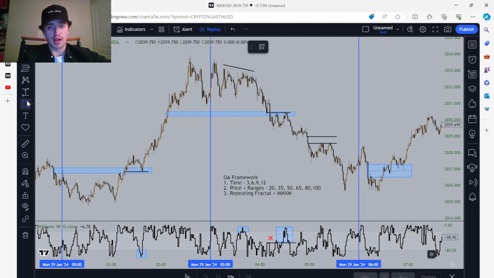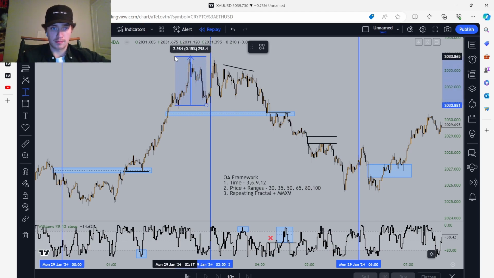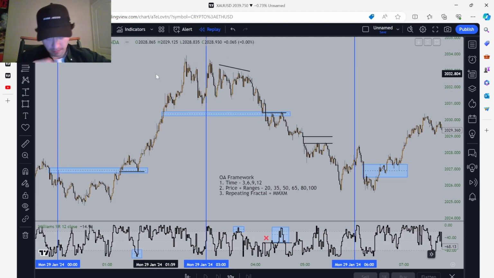This also can apply to consolidations. And so I'm just going to take the consolidation here and see how many pips that this is. Okay, so roughly 30 pips. It's not 35, it's not 20, but like I said, you have to have a 3 to 5 pip buffer on these numbers.